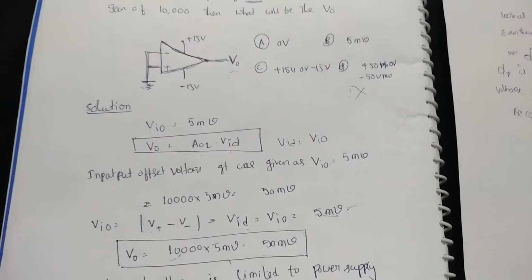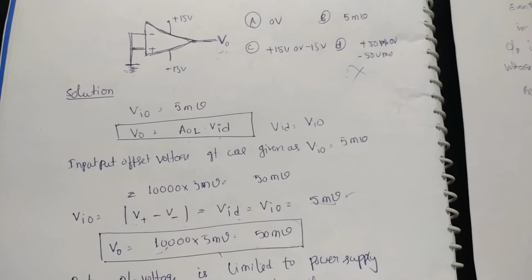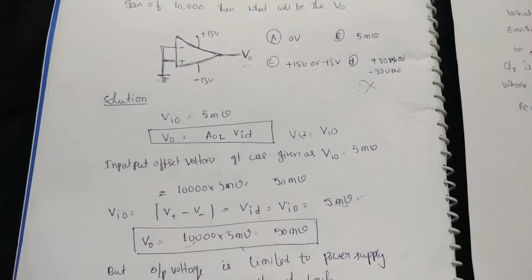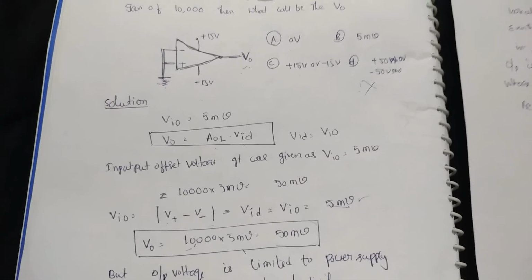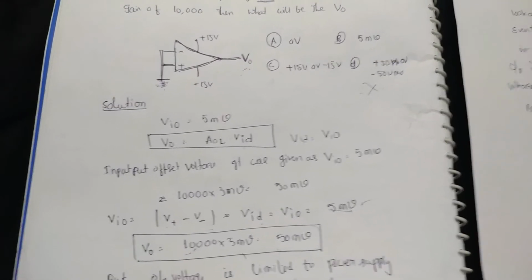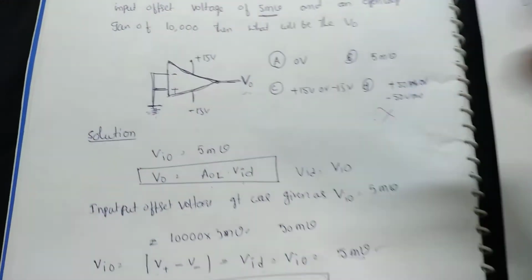Why is it wrong? The output voltage of an operational amplifier is always limited to the power supply voltage. Even though the calculated value exceeds the power supply voltage, it is always limited to the power supply voltage. It always swings from plus 15 to minus 15.